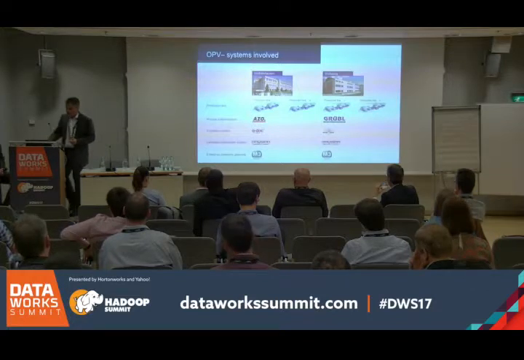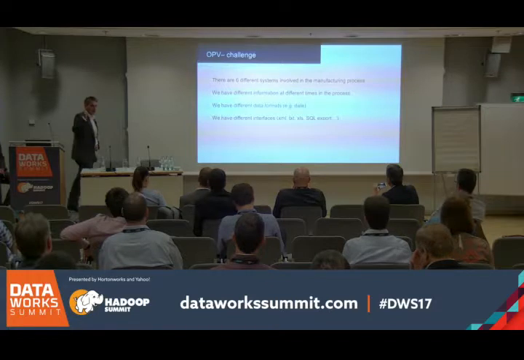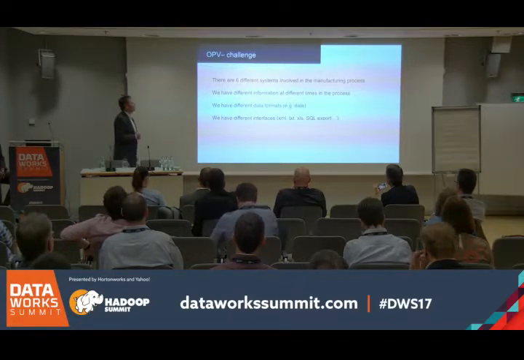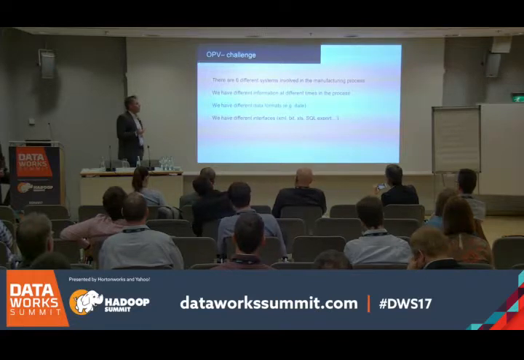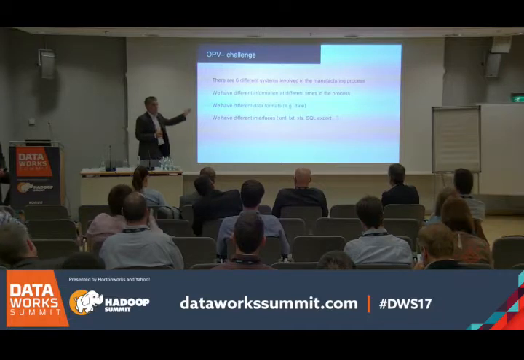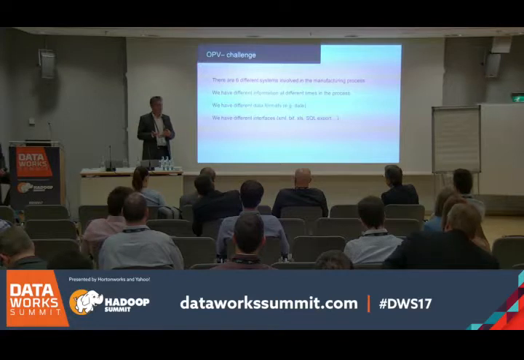So we have more than 6 different systems when I count the machines and the different deliverers of these machines. We have different information at different times in the process. We start the process and the batch normally needs 4 to 7 hours.